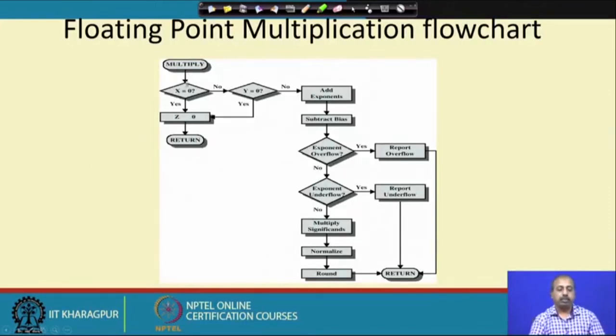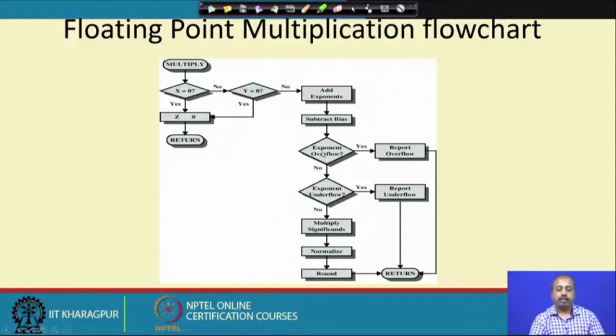So, we first check whether x is equal to 0 or not. If x equals 0, then we say that the result z is also equal to 0, or if y equals 0, then also the result z is equal to 0 and it returns from there. And if both are non-zero, then we add the exponents, because while doing the multiplication the exponents get added, and we subtract the bias.